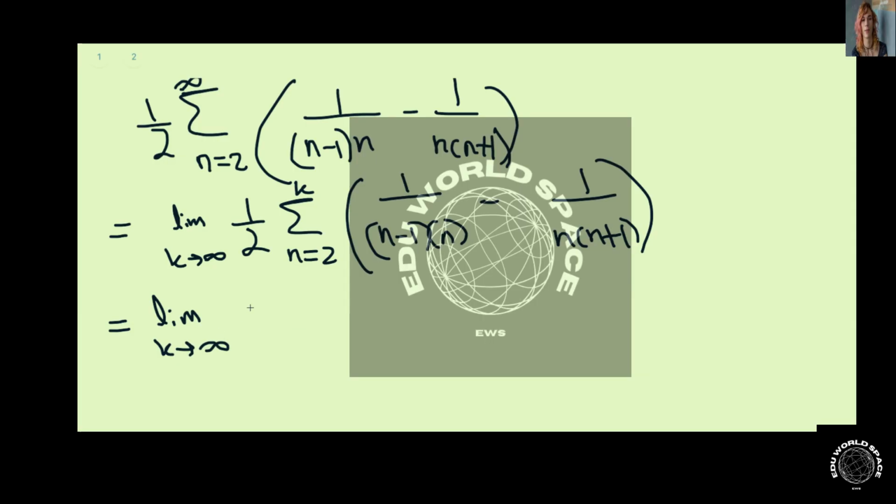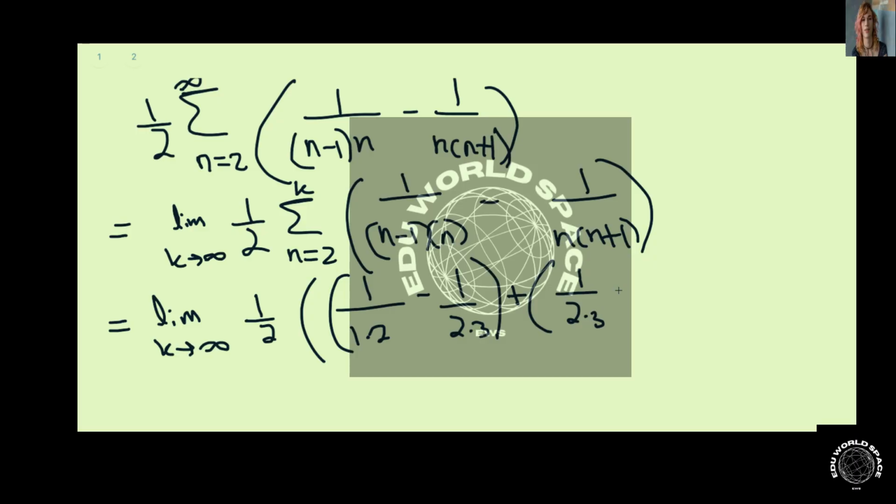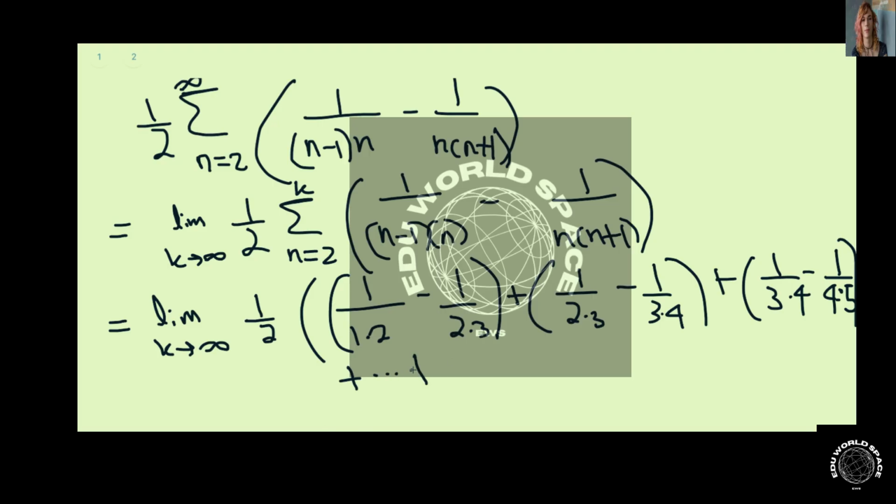Now we're ready to go ahead and plug in some values. So here you start off by plugging in 2: 1 times 2 minus 1 over 2 times 3. That's the first term. Then plug in n equals 3. Then one more term here: 4 times 5. Then we would keep adding until we get to the last few terms.